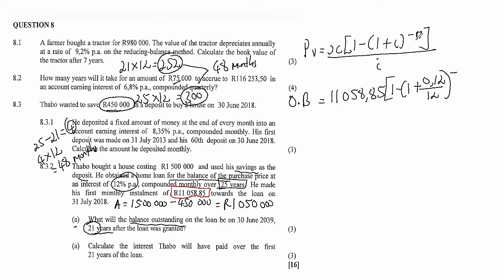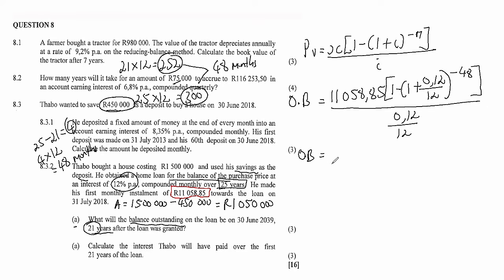But then the n that we are substituting here, remember, is the number of months remaining for the loan to be paid off. So negative 48 over 0.12 over 12. So that's how we'll be finding the outstanding balance, right? We find the outstanding balance by substituting here the number of months that are remaining for the loan to be completed, right?